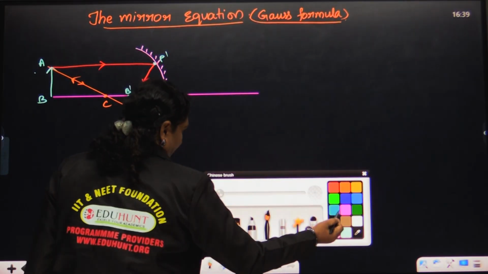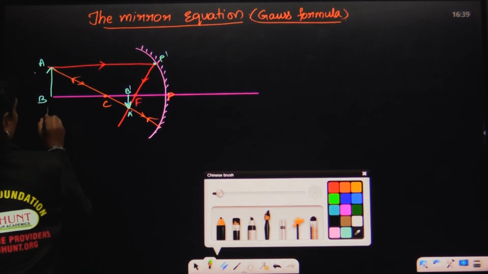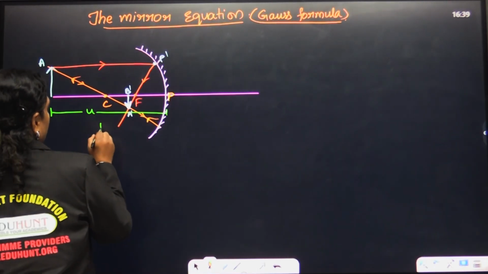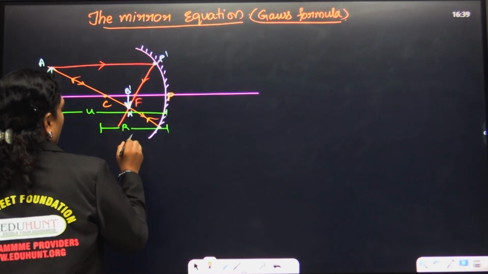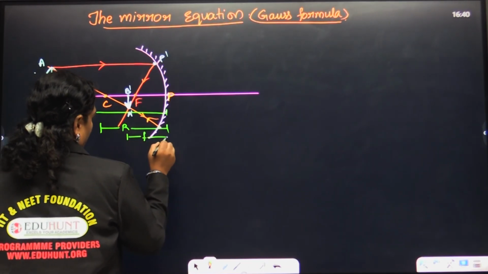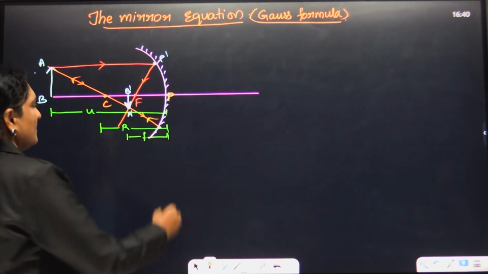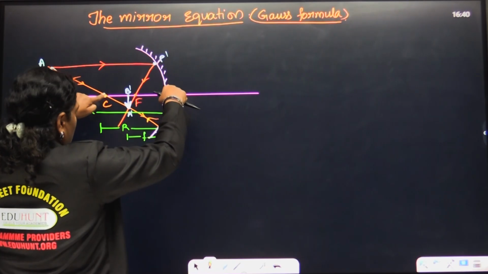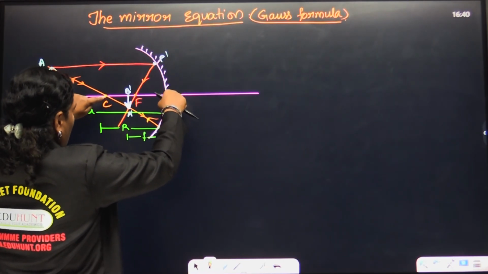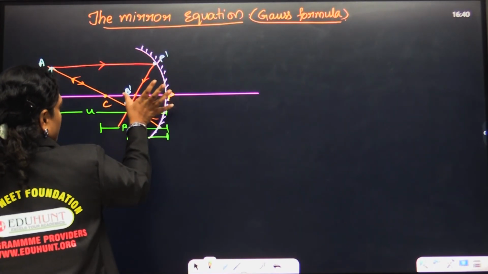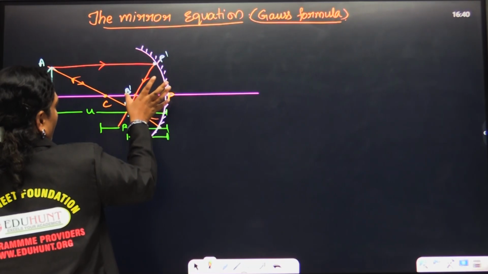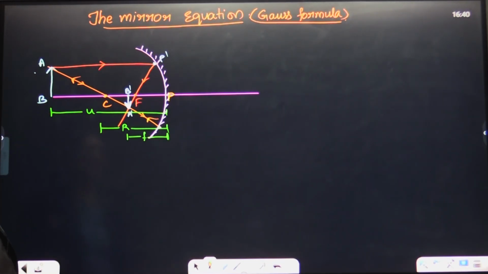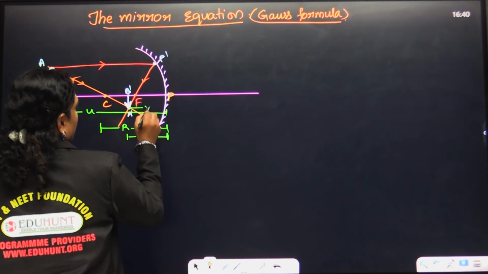Let the distance between the object and the pole of the mirror be U, and the distance between the center of curvature and the pole of the mirror be R. The distance between the focus and the pole of the mirror is F, and the distance between the image and the pole of the mirror is indicated with the letter V.